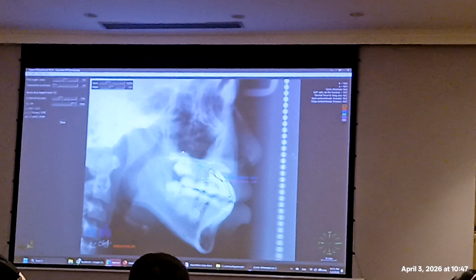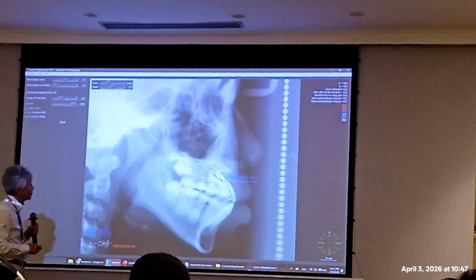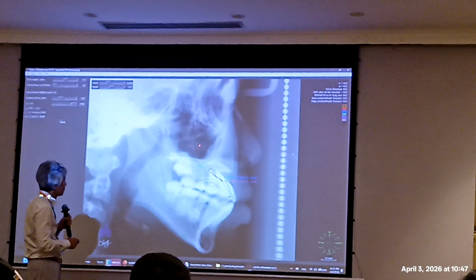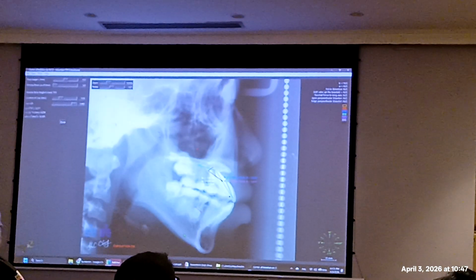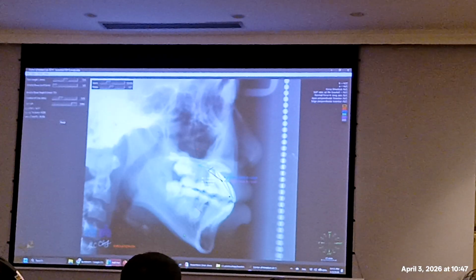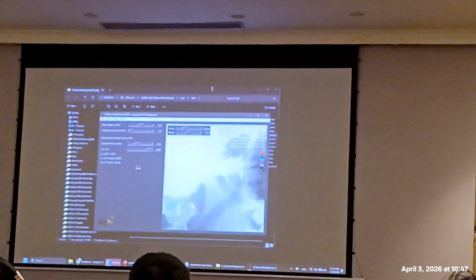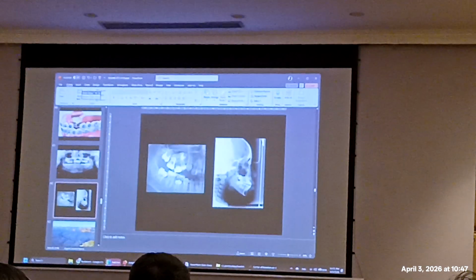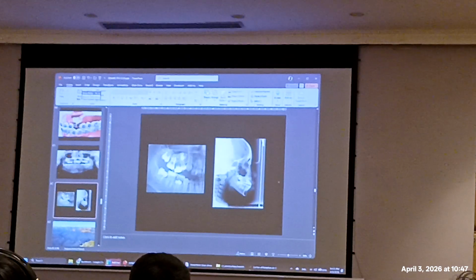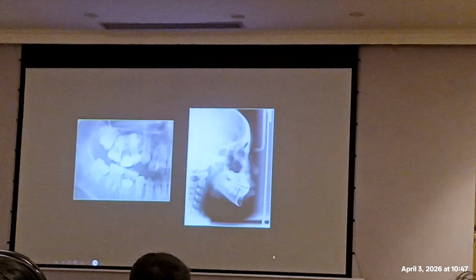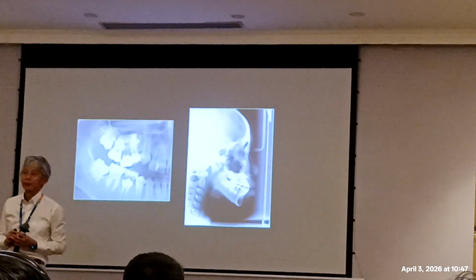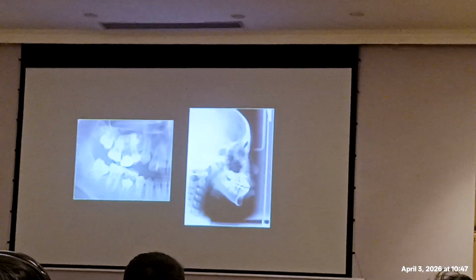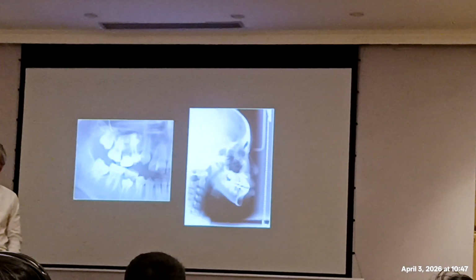This is the position of the center of rotation in the first stage, and this is the center of rotation at the second stage. So, if this patient visited me again, I think I would extract it.